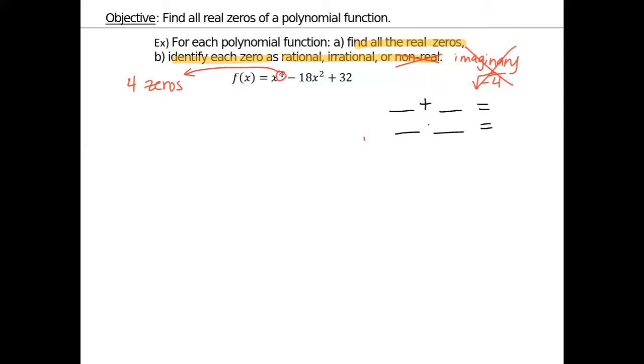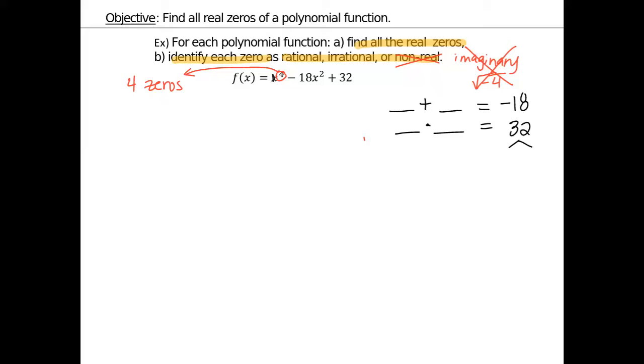I'm figuring out what two numbers add up to our b value. So my b value here is negative 18. And they have to multiply to a times c. So my a value is 1, and my c value is 32. So 1 times 32 is 32.